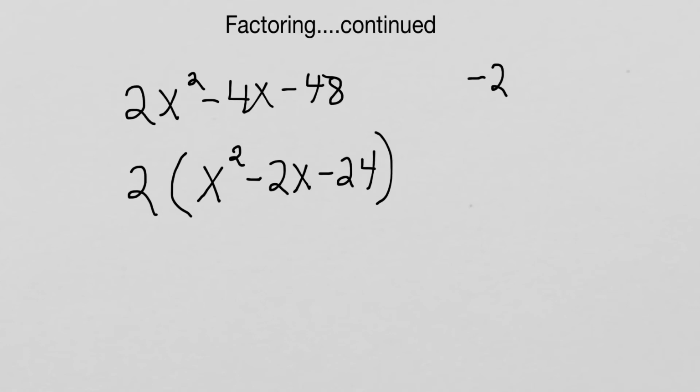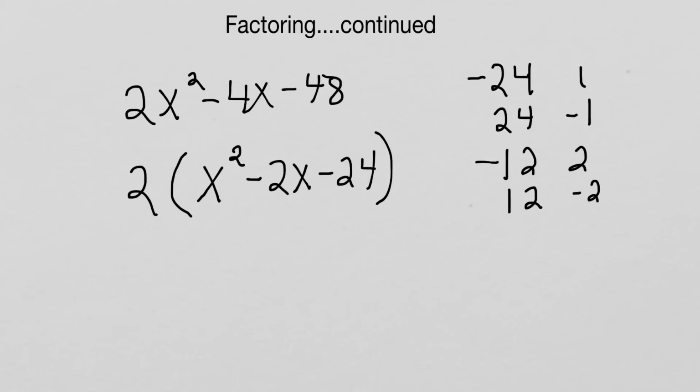I get minus 24 and 1, 24 and negative 1, negative 12 and 2, 12 and negative 2, negative 6 and 4, 6 and negative 4, and let's see, oh, I skipped the 8s.